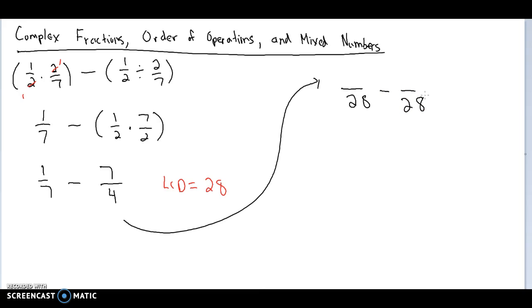So 1/7 will become 4 over 28, because 7 times 4 gives you 28, therefore you have to do 1 times 4 to get 4. And for our other one, to get from 4 to 28, we had to multiply by 7. So that means we have to do the top by 7. So 7 times 7 gives you 49. Okay. So now that we have our common denominator, we just do 4 minus 49. 4 minus 49 gives us negative 45 over 28.